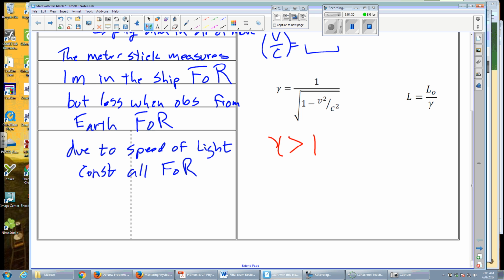And we know that the meter stick measures more in the ship's frame of reference than in the Earth's frame of reference. And since gamma is always greater than 1, we know that L is always greater than L naught. Is that true?